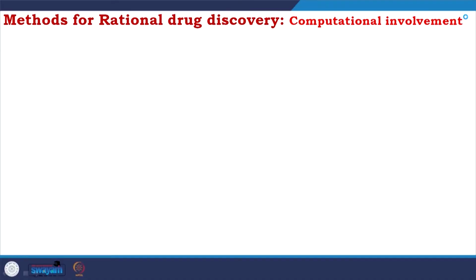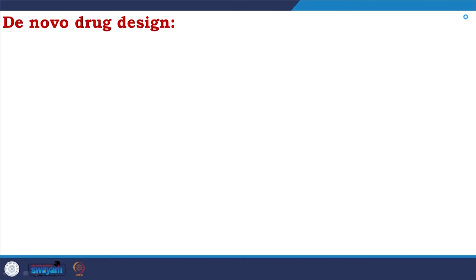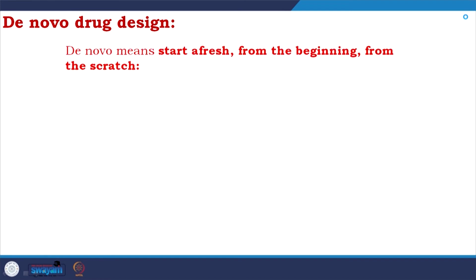So, the methods of rational drug discovery, as I talked about with structure based drug discovery, include docking based virtual screening and de novo drug designing. Today we will talk about de novo drug designing. De novo drug designing means starting afresh from the beginning, from scratch.